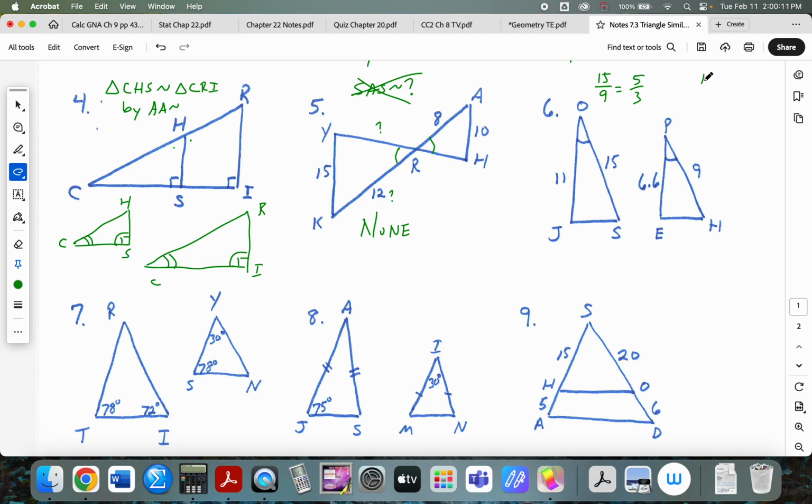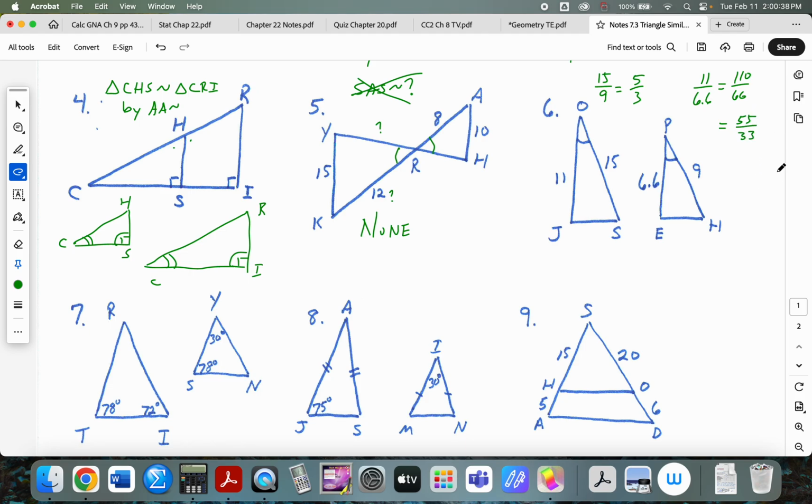And then I've got 11 over 6.6. I'll multiply both of those by 10 to get rid of the decimal, so that'll be 110 over 66. Let's see, 110 and 66 are both divisible by 2, so that's 55 over 33.